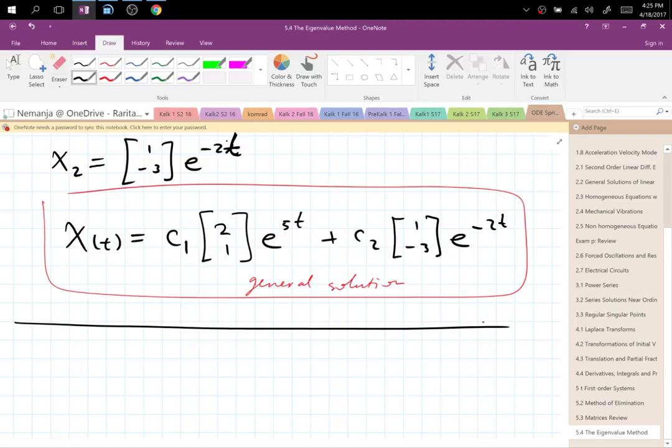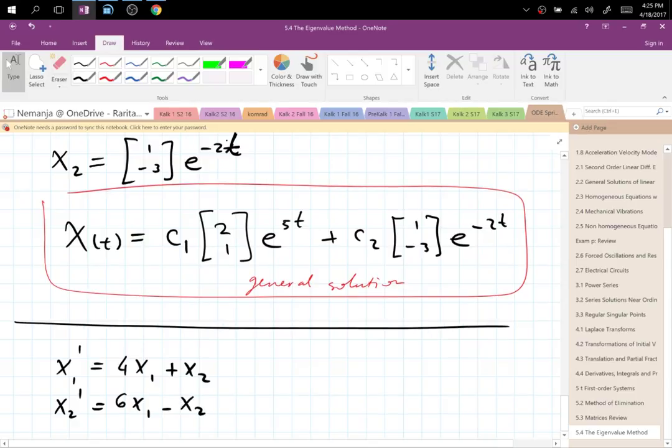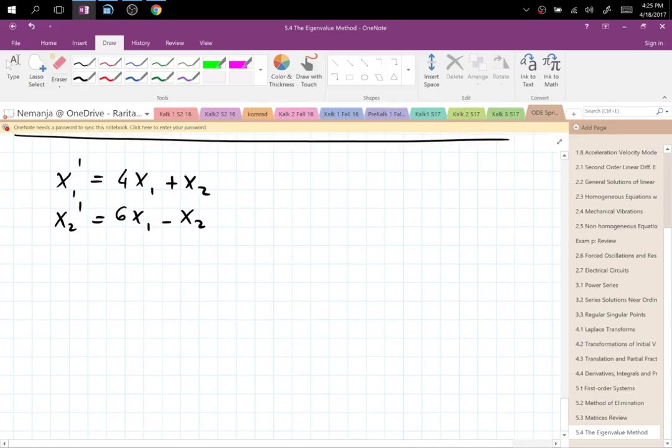So x1 prime is 4x1 plus x2. x2 prime is 6x1 minus x2. Go.